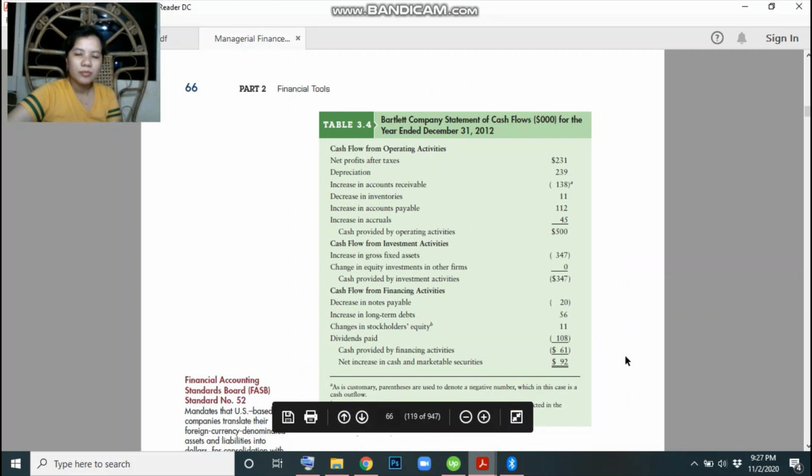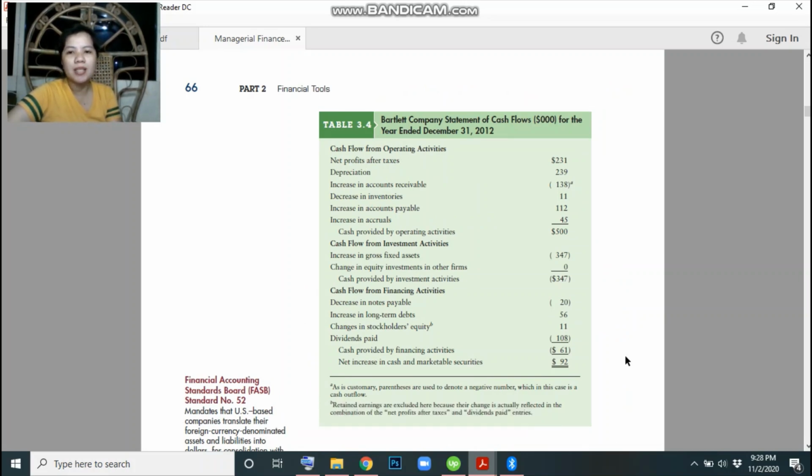The fourth type of financial statement is the statement of cash flows. In every organization, class, we have cash flows. It could be cash inflow, cash coming into the company, or cash outflow, cash going out of the company. There are three main types of cash flows in an organization.